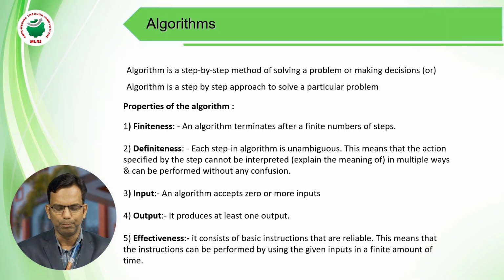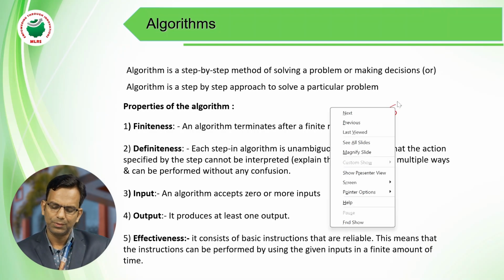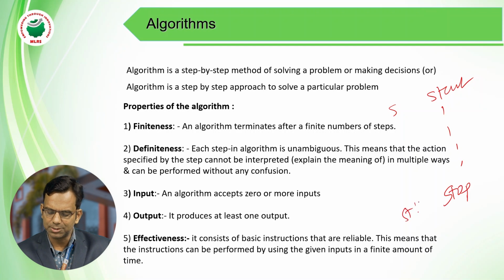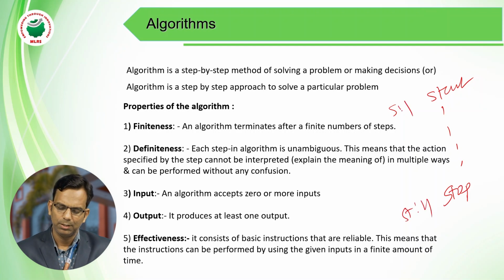Here we have some basic properties of an algorithm: finiteness, definedness, input and output. Every algorithm starts with step one, which is start, and the last step is stop or end, that is called step n. Step 1 is the beginning of the algorithm, and the nth step, the last step, is the end of the algorithm.